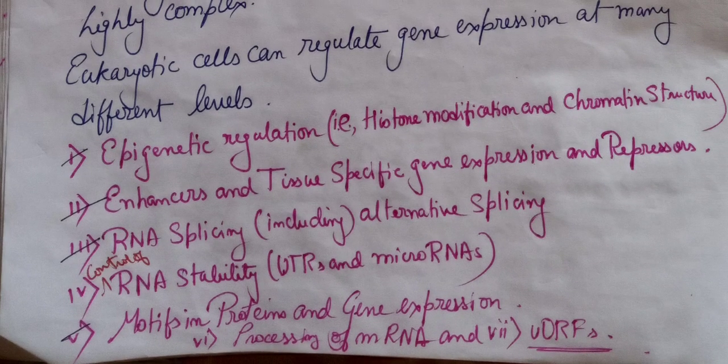Then comes the fifth one, motifs in protein and gene expression. Motifs are special structures of the protein. These motifs will help to interact with the DNA. Most of the transcription factors have this type of motifs. Motifs are of many kinds, like helix-turn-helix motif, leucine zipper motif, zinc finger motif.